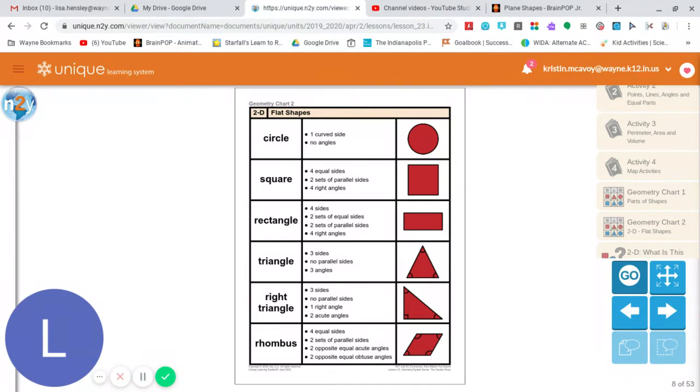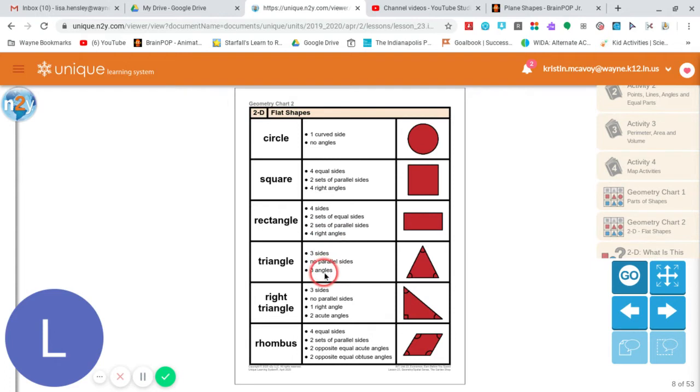And those are just all the parts of a shape. Now this goes over what all of the different 2D or flat shapes are. So we have circle, square, rectangle, triangle, right triangle, and rhombus. And then these are the descriptive parts about that individual shape.